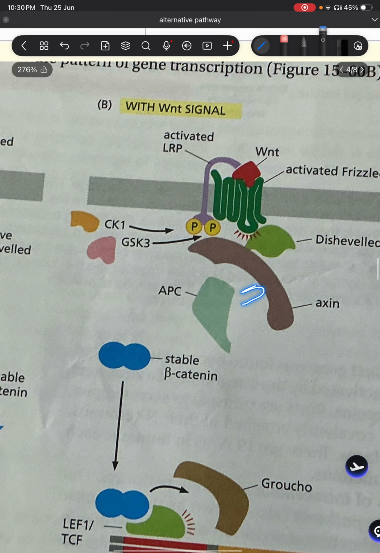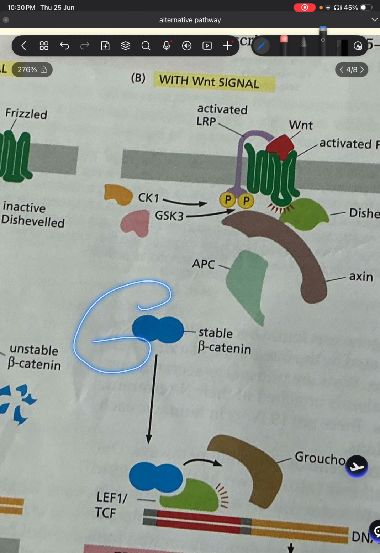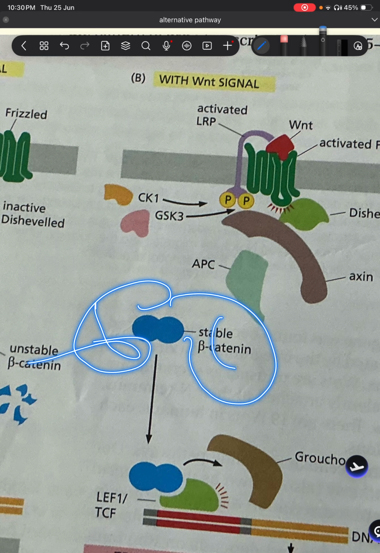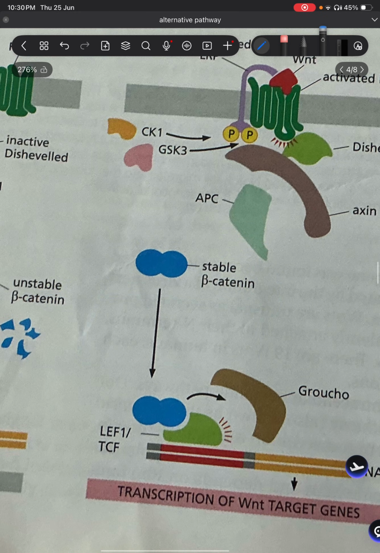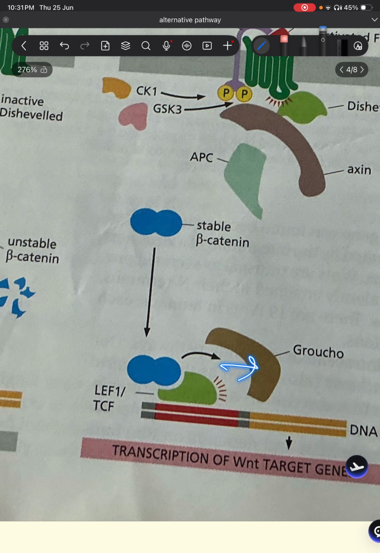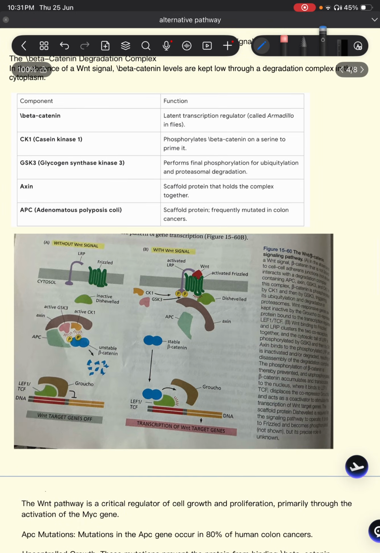And once axin is pulled out, somehow the complex is destroyed. This APC is also out of it, and it also goes towards this side. Therefore, now there is no APC or axin. Your beta catenin is free to bind to Groucho and throw it out. So this is the overall pathway. I hope you enjoyed it.